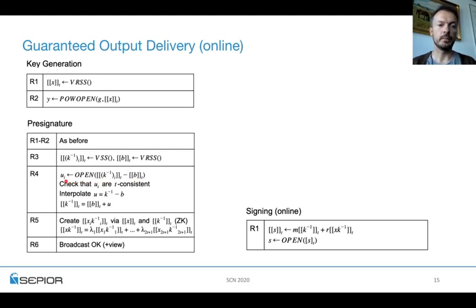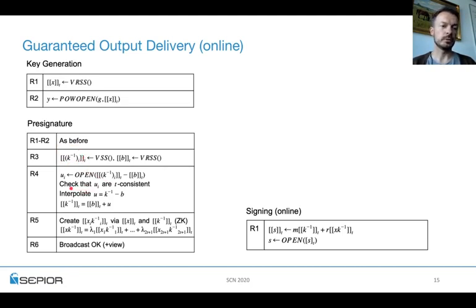This reveals nothing because B is random, and also now in public the servers can check that these U values are all consistent with the degree T polynomial, and this in fact forces everyone, also the malicious party, to make this sharing of its K inverse share correct.